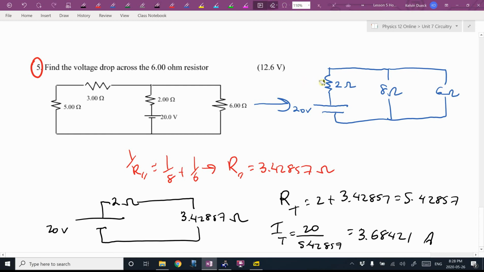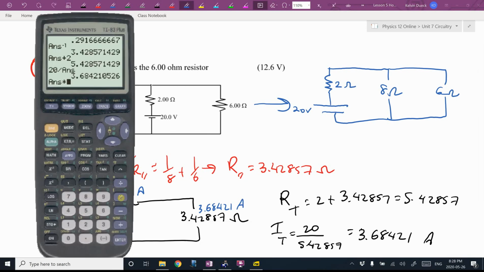You know what? I think what I'll do is I'll label this drawing. So this is going to be 3.68. Let's go blue, Mr. Dueck, because you got red right above there. I equals 3.68421 amps, because this also must have 3.68421 amps. V is going to be I times R, so this times 3.42857.